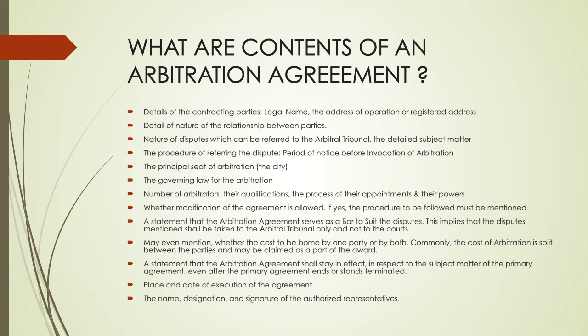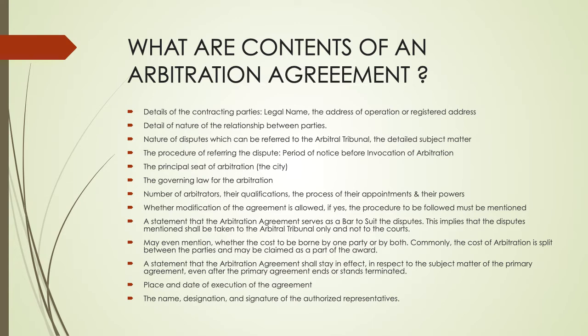Then details of the nature of the relationship between the parties, the nature of the dispute which can be referred to the arbitral tribunal, the detailed subject matter, the procedure of referring the dispute, the period of notice before invocation of arbitration, then the principal seat of arbitration, like the city, then the governing law for the arbitration, the number of arbitrators, their qualification, the process of their appointment and their powers, and whether modification of the agreement is allowed. If it is allowed, then the procedure to be followed must be mentioned.